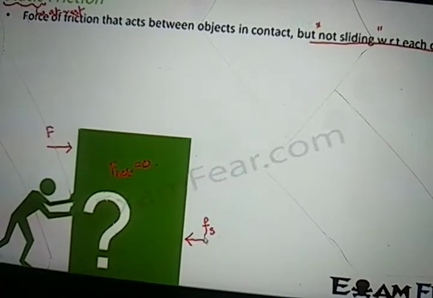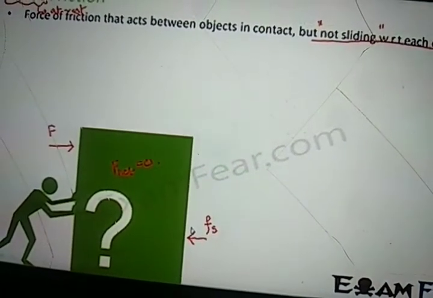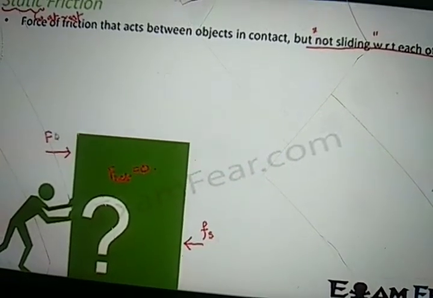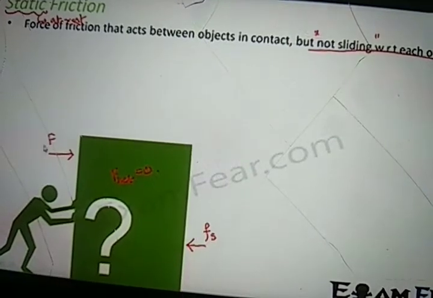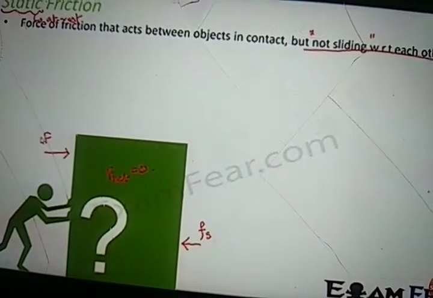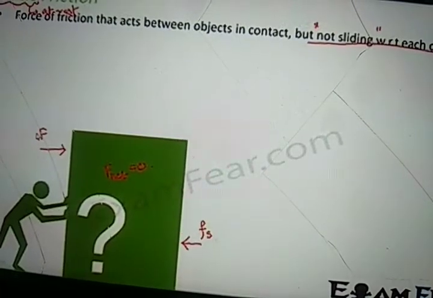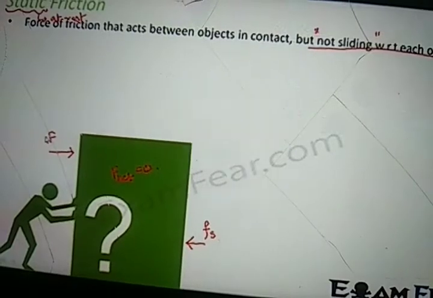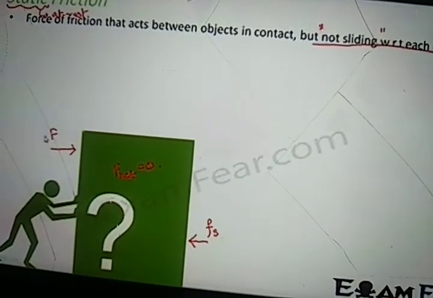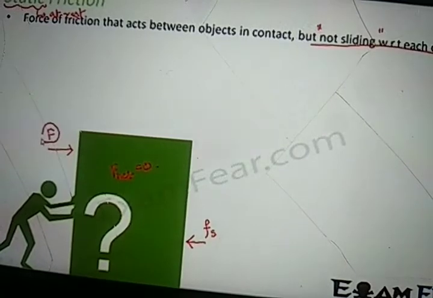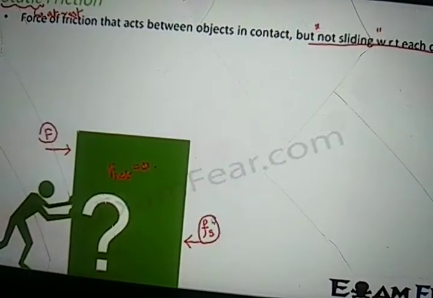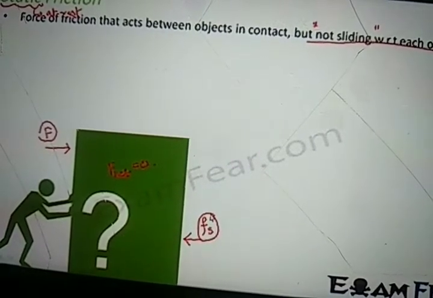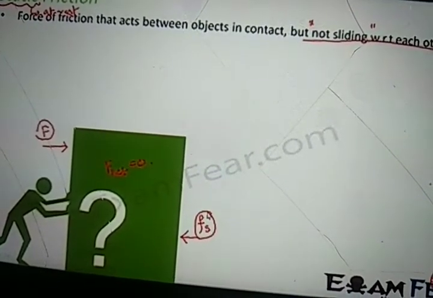This force is called static friction, and this static friction exists as long as the box is not moving. Now what happens is, if this person keeps on increasing the applied force, a time comes that the box starts moving. As you keep on increasing this value of capital F, Fs, that is static friction, also increases. But static friction is able to reach up to a certain maximum value.